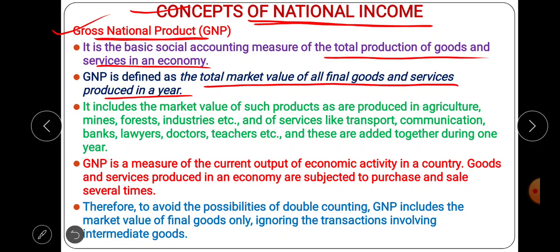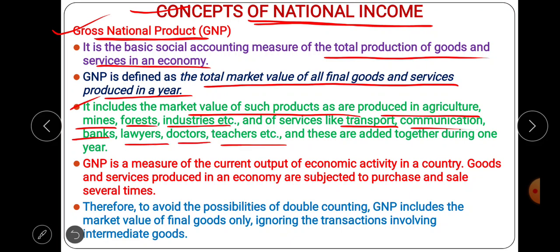GNP includes the market value of such products as are produced in agriculture, mines, forests, industries, etc., and the services like transport, communication, banks, lawyers, doctors, teachers, etc., and these are added together during one year. So, GNP is a measure of the current output of economic activities in a country, and the goods and services produced in the economy are subject to purchase and sale several times.